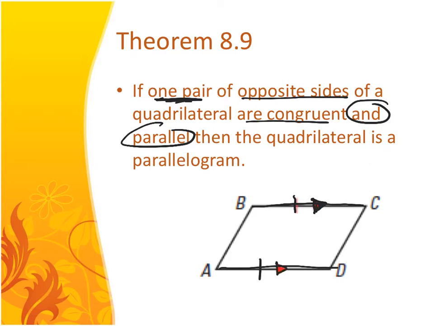If that is true, then it is definitely a parallelogram, meaning that these sides must be congruent to each other. These sides must be parallel to each other. These opposite angles must be congruent to each other. These opposite angles must be congruent to each other. The diagonals must bisect each other, and the consecutive angles must be supplementary. All those things we know to be true because we only had 1 pair of opposite sides that were congruent and parallel.